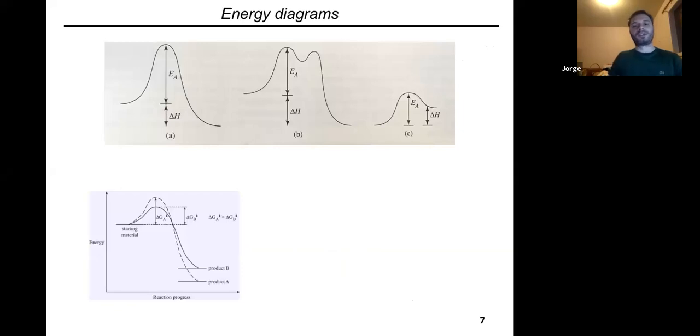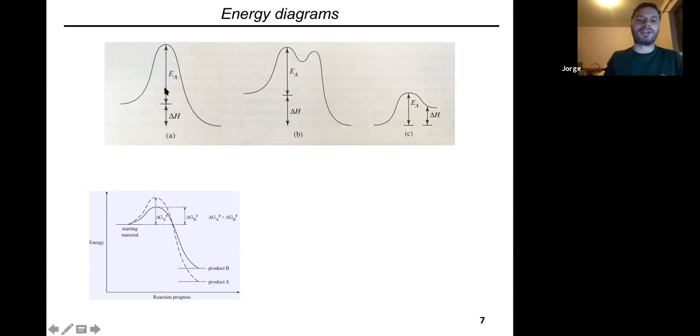Okay, so let me show you some energy diagrams here. So let's focus first on the top row over here. So diagram A shows a reaction where the energy of the products is lower than the energy of the reagents. Therefore, this is an exothermic reaction and should be spontaneous.